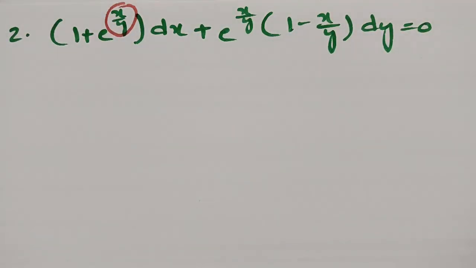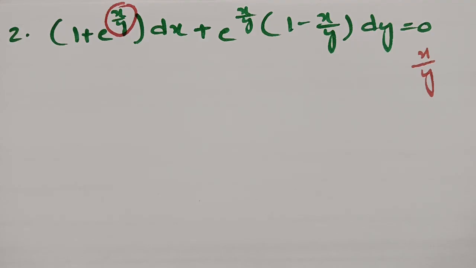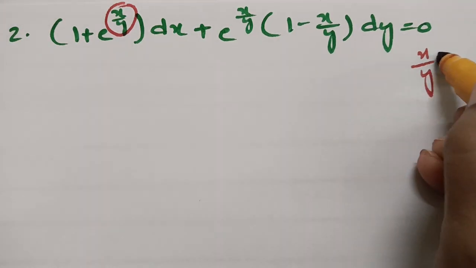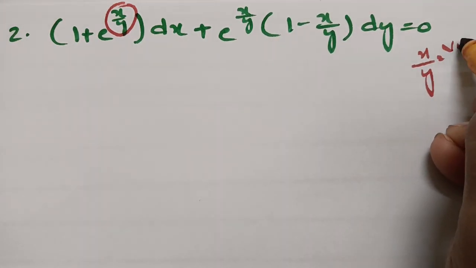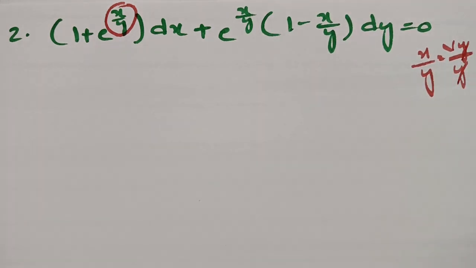So in order to eliminate the fractions, what is the substitution needed? There is an x by y fraction. In order to eliminate the fraction, we have to put x as vy, and there is y here, and obviously it gets cancelled and the fraction is removed. So that is the logic which we have to use.